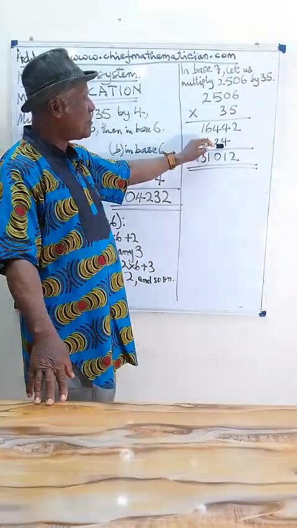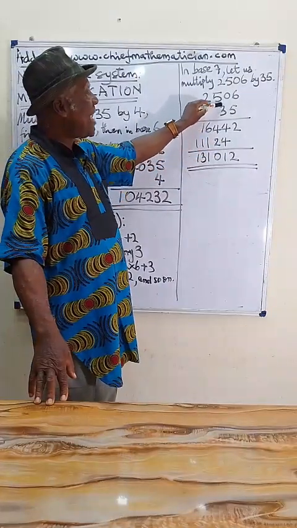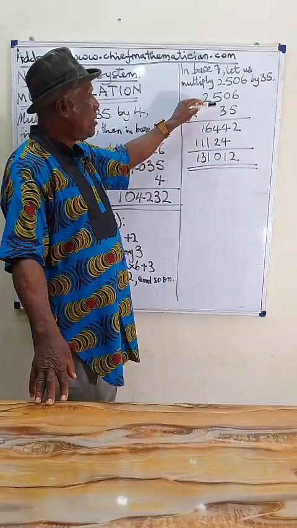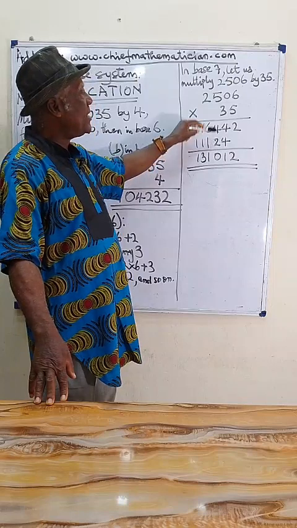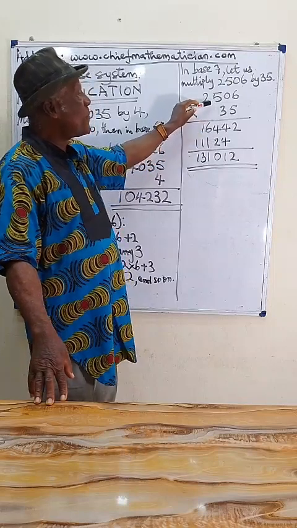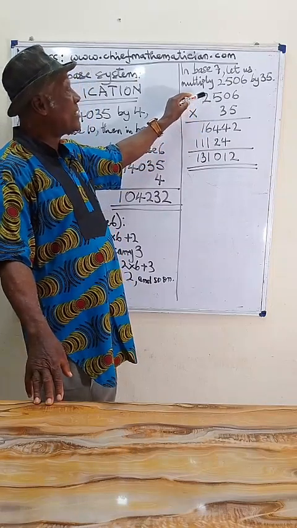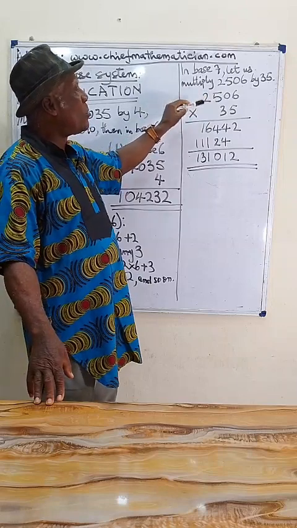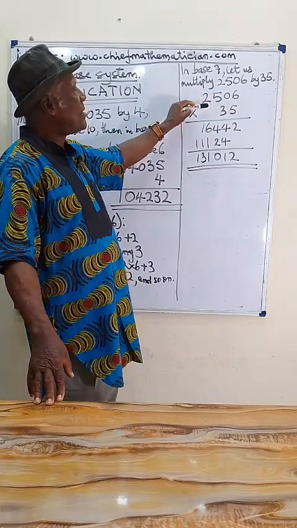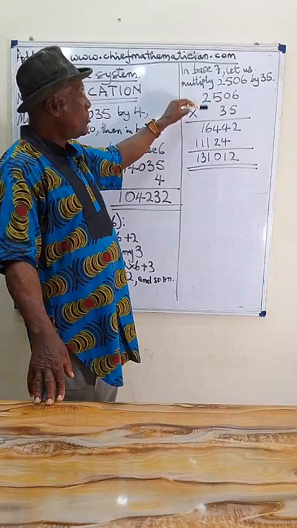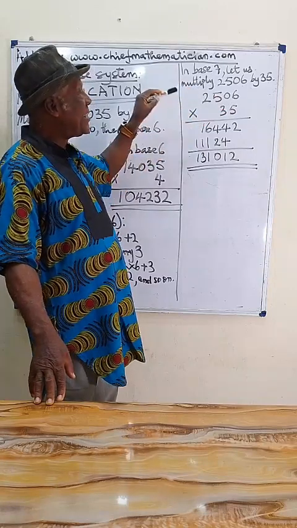You put down the 4 now and carry 2. 3 times 0, 0. You put down the 2. 3 times 5 is 15. 15 in base 7 is 2 times 7 plus 1. So you have to put down the 1 and carry 2.